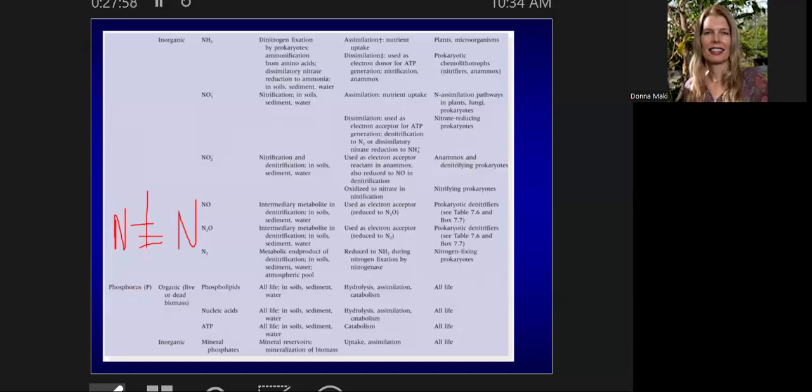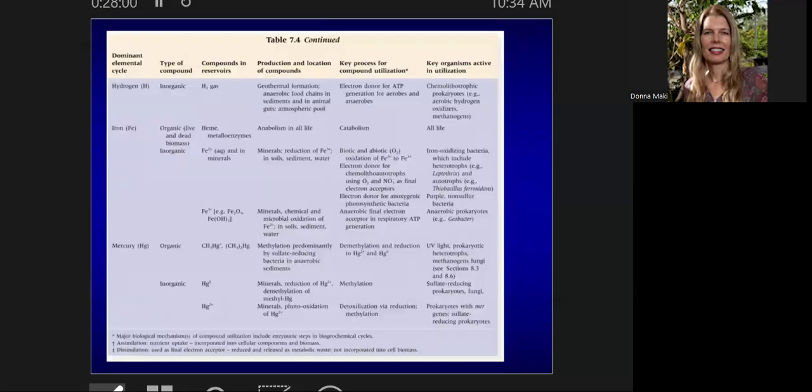Okay, so these are tables looking at some of the key minerals and nutrients. Hydrogen. Remember, hydrogen's really good at giving off electrons, so microbes have adapted to that. Many microbes like that as a source of electrons. Iron, we'll talk a little bit more about iron.